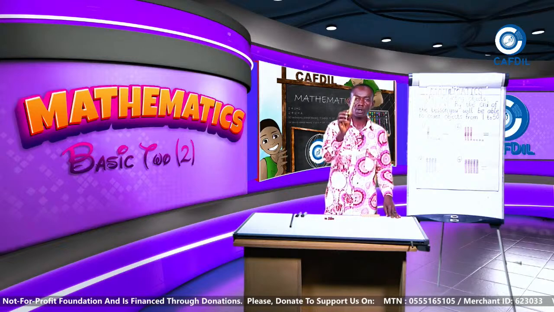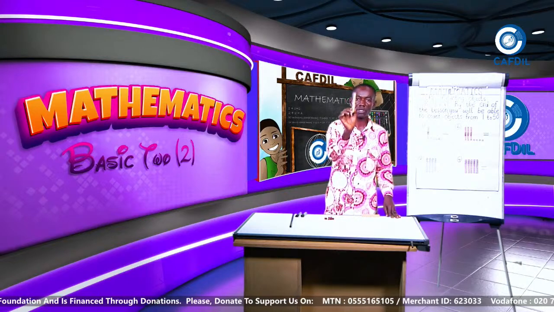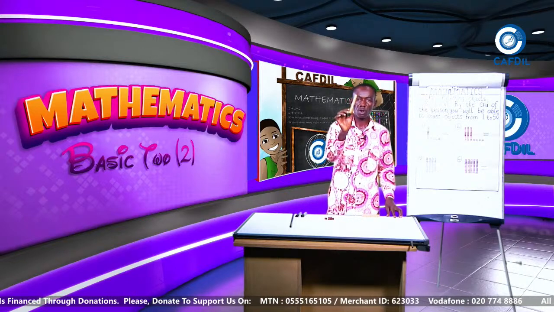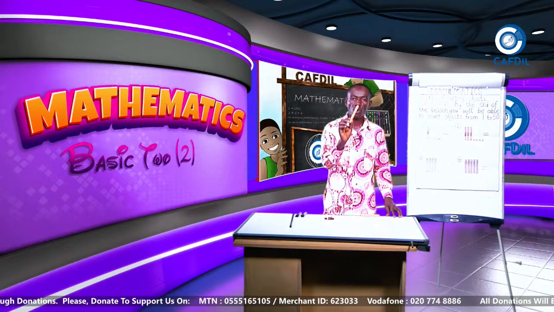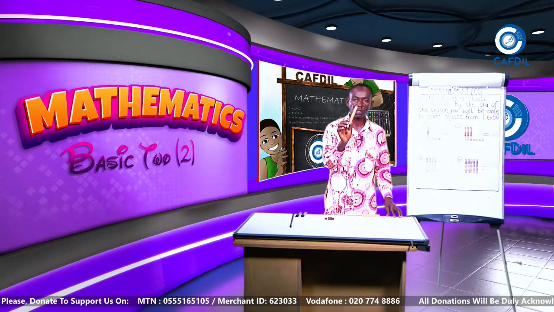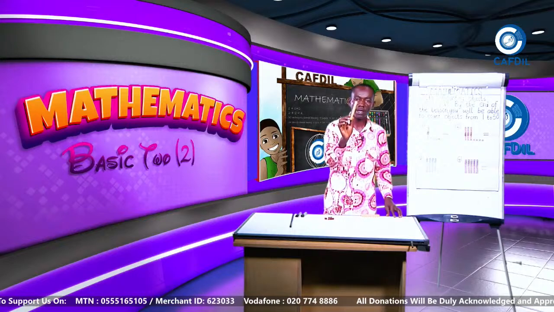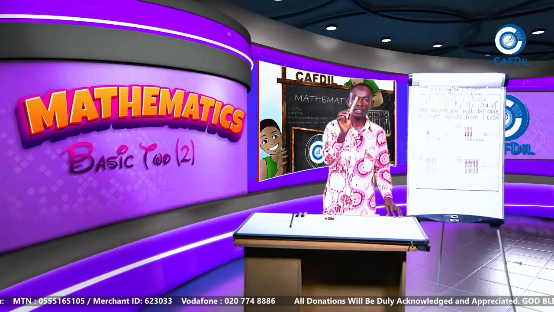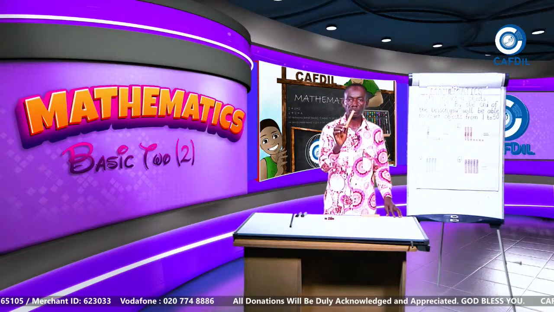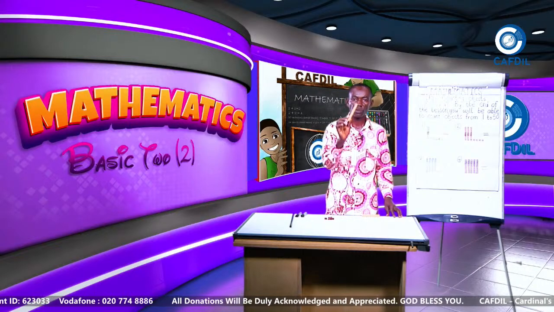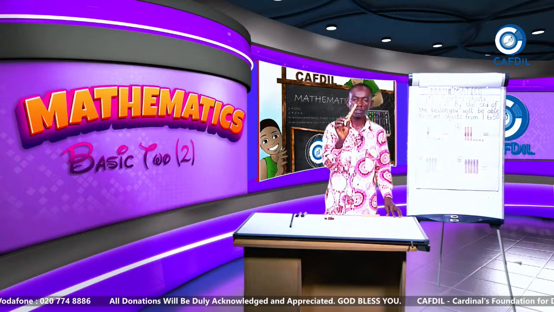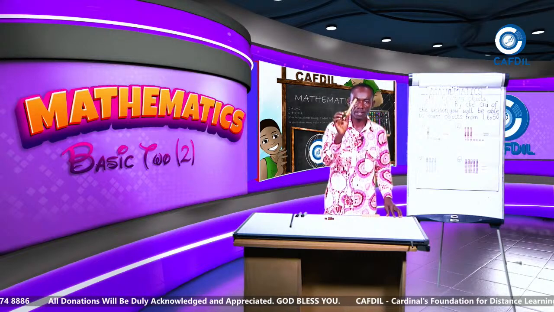This means that one long shows 10, or one long is the same as 10 cubes. One long shows 10.